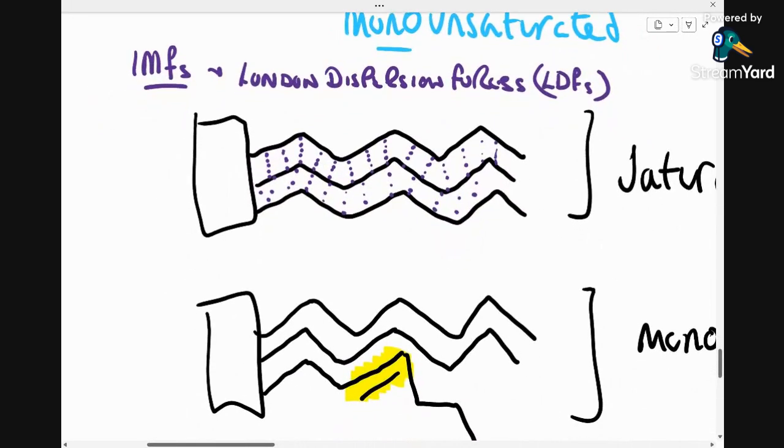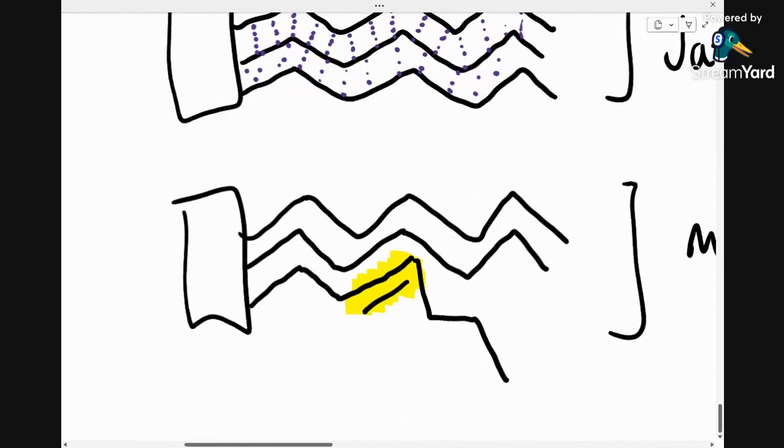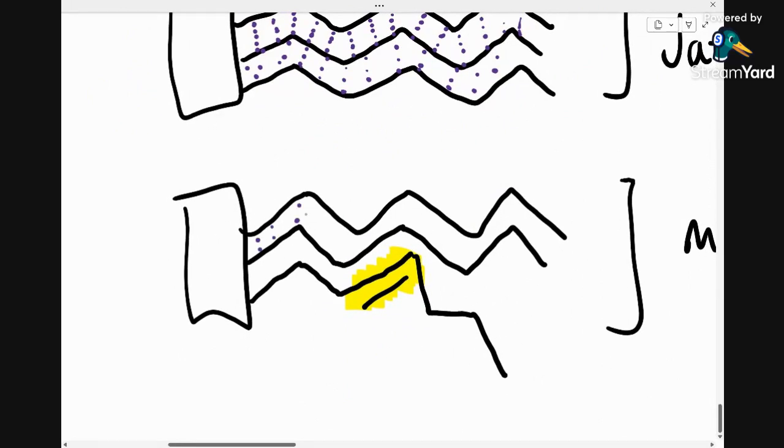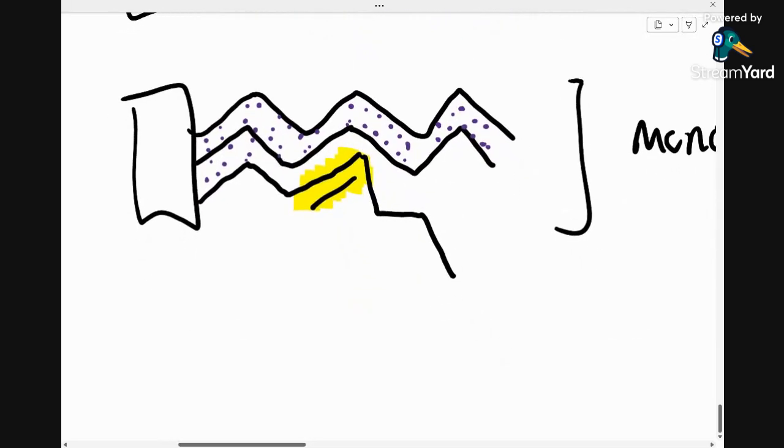And the key thing is that they can exist between the hydrocarbon tails. So I can draw the same thing here. I'm not going to draw as many just for time purposes, but like this. The key thing is that when we kink the chain, we can form intermolecular forces up to a point.